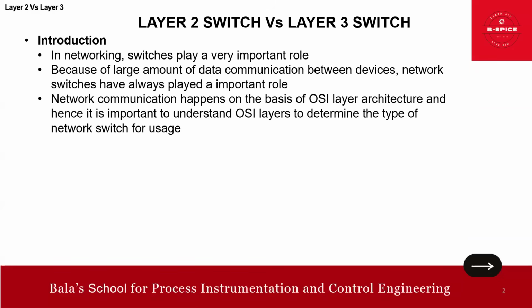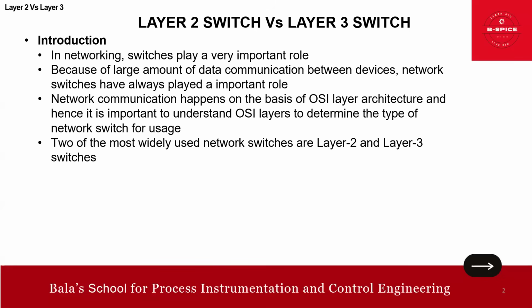Network communication happens on the basis of OSI architecture, and hence it is important to understand OSI layers to determine the type of network switch for usage. In fact, we also talked about OSI in detail in a separate video. You can watch if you are really interested. Two of the most widely used network switches are Layer 2 and Layer 3 switches.